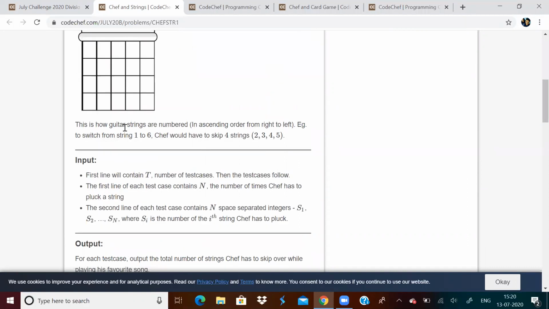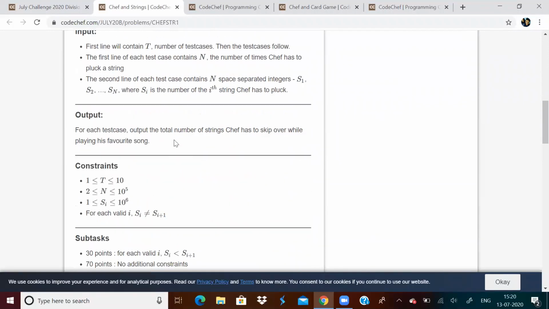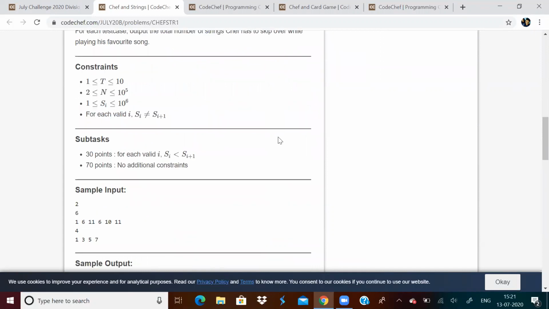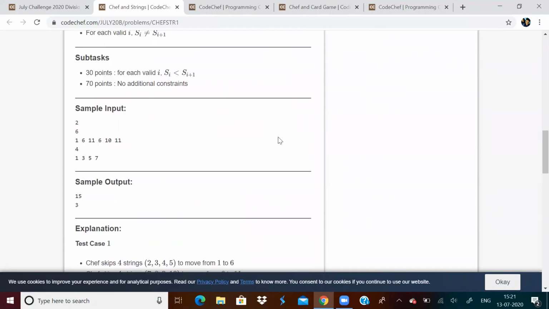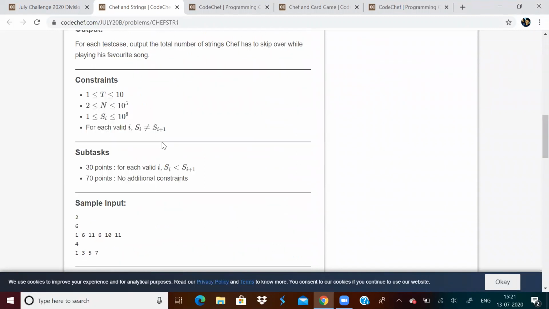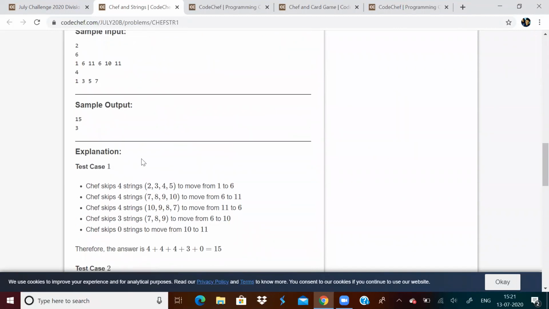Okay. So what should we output? We should output the total number of strings chef has to skip. Okay, I didn't understand the question. I think I'll read the test case itself.